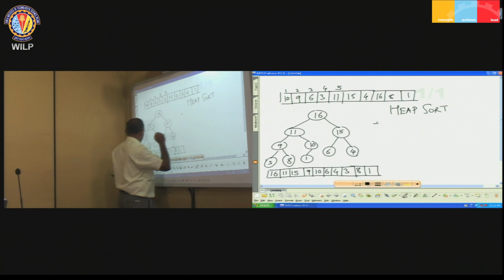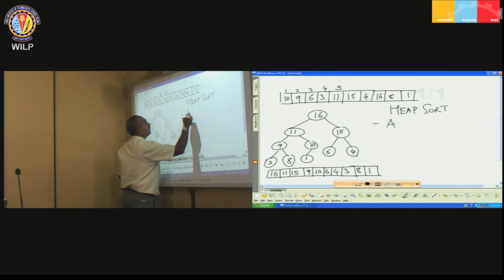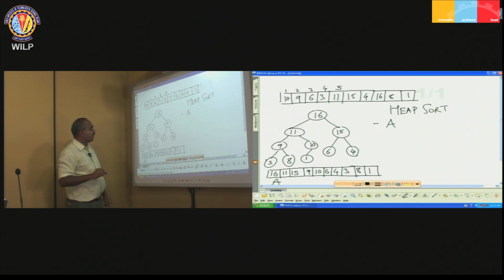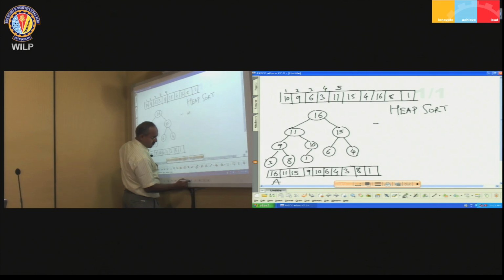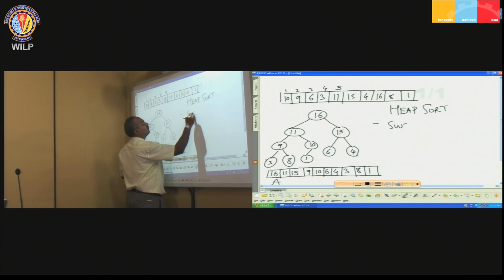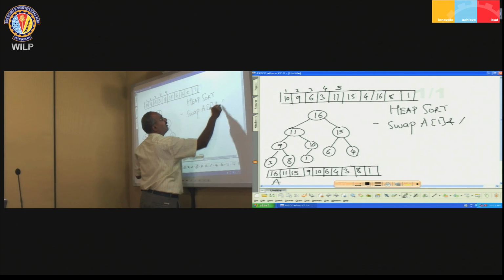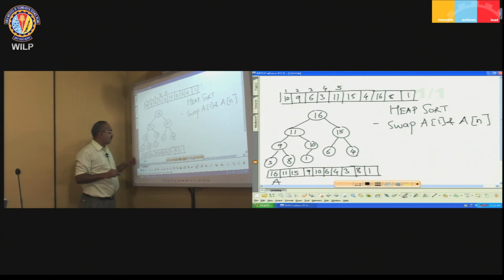So, if this is my array A, then I am going to swap A1 and AN, where N is the number of elements that you want to sort.